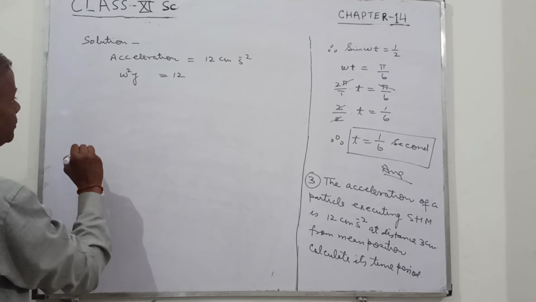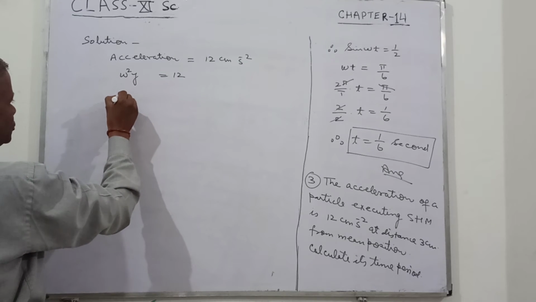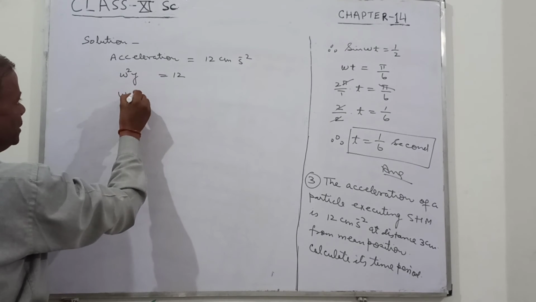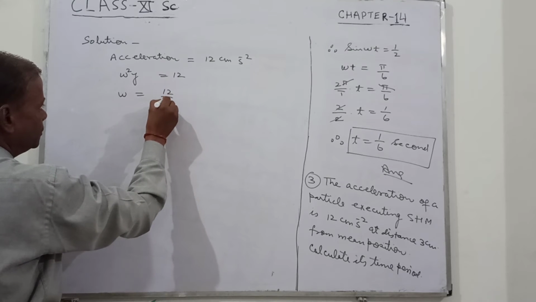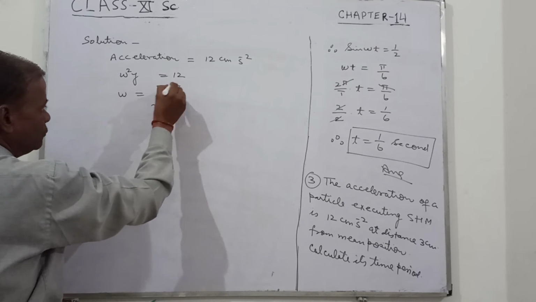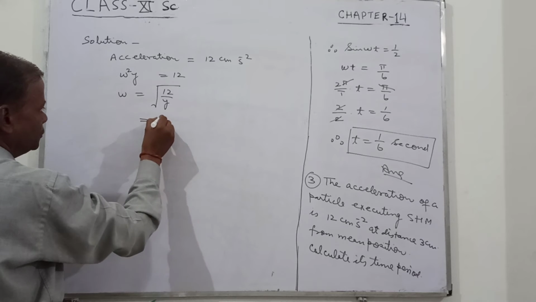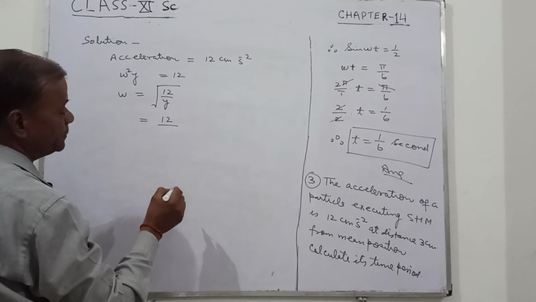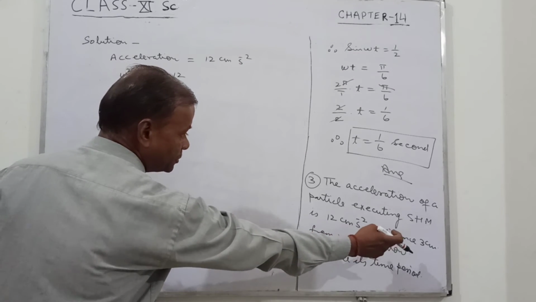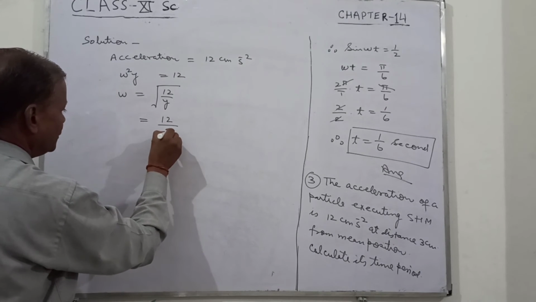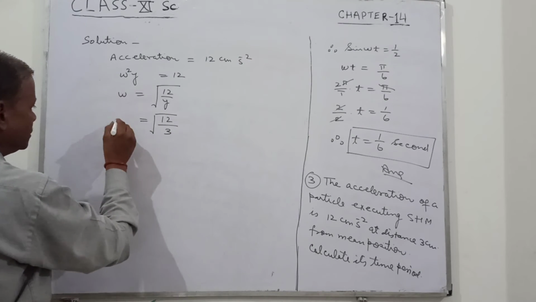Now you have to find the time period. So omega equal to the square root of 12 upon y. So this is 12, and y is given to you as 3 centimeter. Square root of this one.